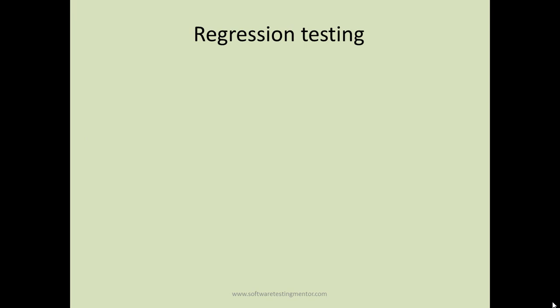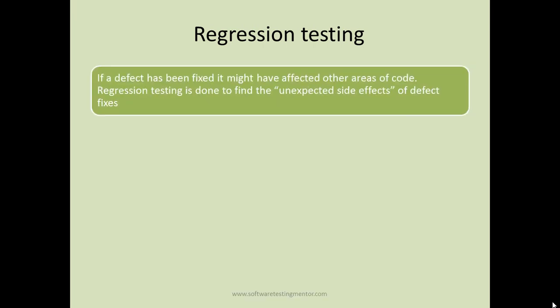Then the other testing type related to changes is regression testing. If a defect has been fixed, it might have affected other areas of code. So regression testing is done to find the unexpected side effects of defect fixes. So usually what happens is, suppose there is a module which has a defect, or there is a new functionality being implemented into the software.